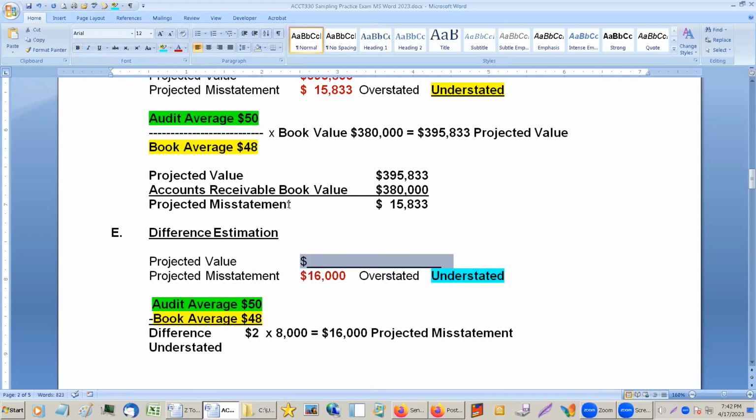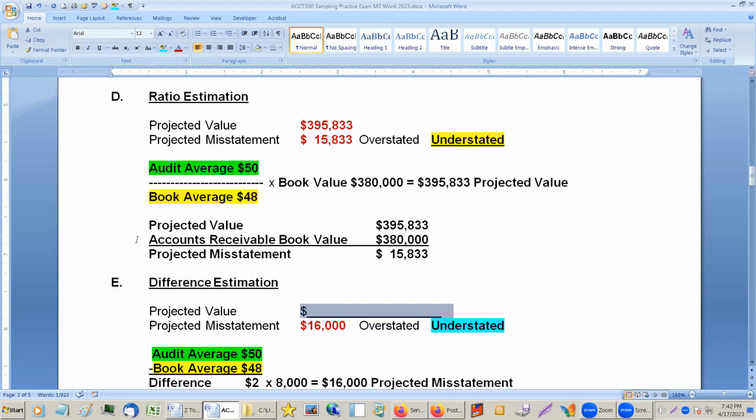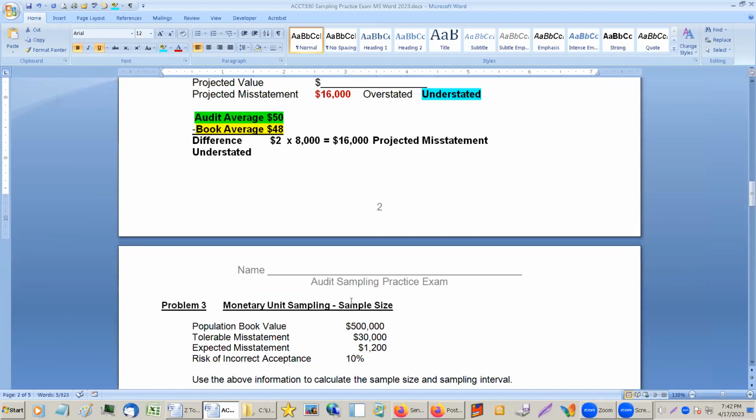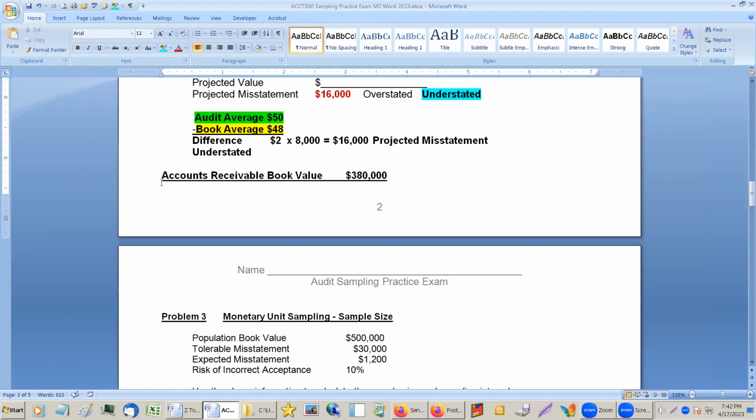If we're saying that it's understated by 16,000, 396. Yep. So this will be our projected value.